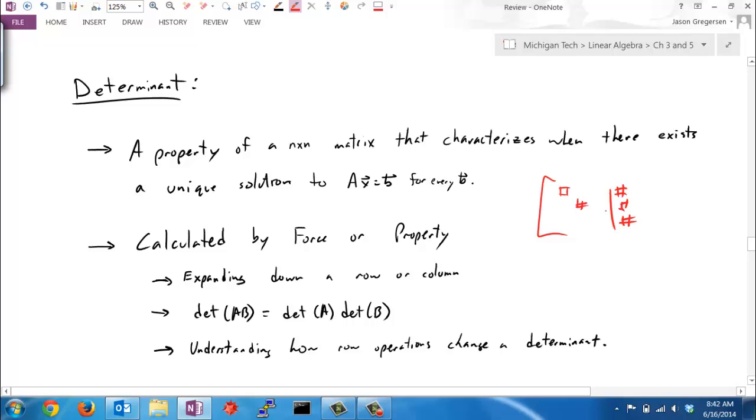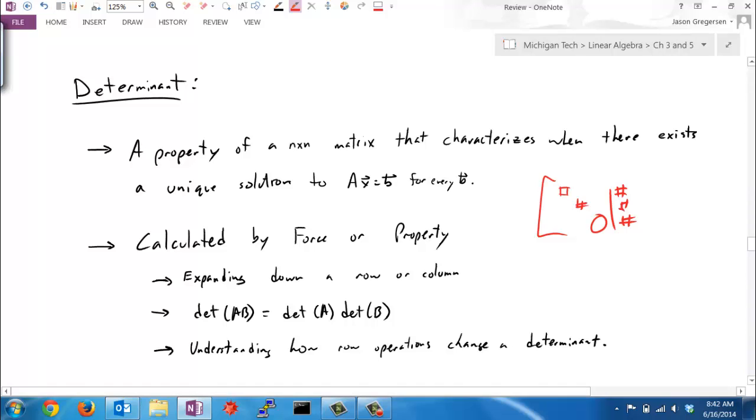And the only criteria was that this thing couldn't be 0. So all we do is gather up, after we do the row echelon form, whatever that ugly thing turns out to be, we call that the determinant essentially. We say, is this thing equal to 0 or is it not? And so that was where the determinant was born, if you will. It was there to tell us if there existed a unique solution to Ax equals b.